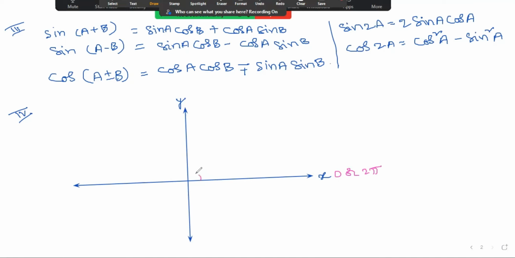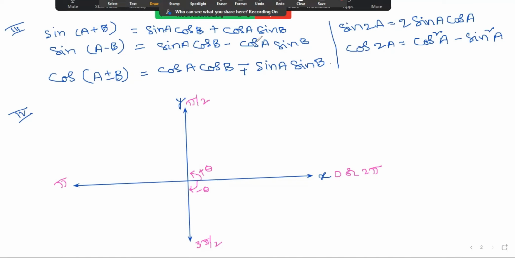Whenever we measure angles this way, anti-clockwise, we measure as positive. Whenever we measure in the negative side, meaning the clockwise direction, the angle is represented with minus theta. Now, it's 0, this is pi by 2, this is pi, then this one is 3 pi by 2. Based on that, we can calculate sine 180, sine 370, and like that the different angles.